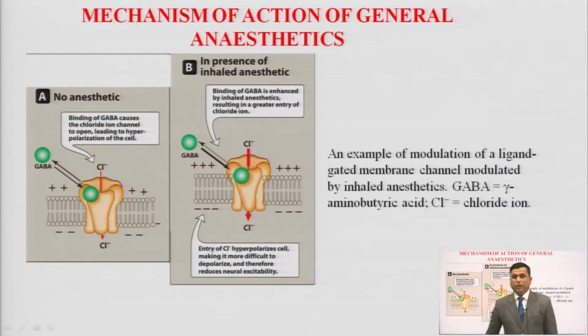This is the GABA receptor, and the drug binds at the GABA receptor. What is the function of the GABA? Binding of the GABA receptor causes chloride ion channel opening.